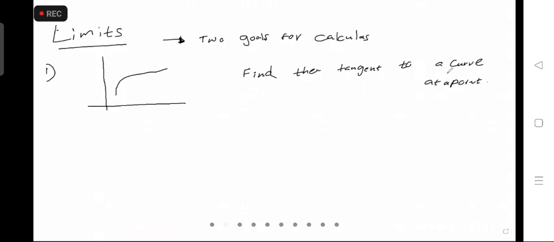Find the tangent to a curve at a point. So you can define a point. Then if you need to find the tangent to this curve at that point, can you do this? Right?